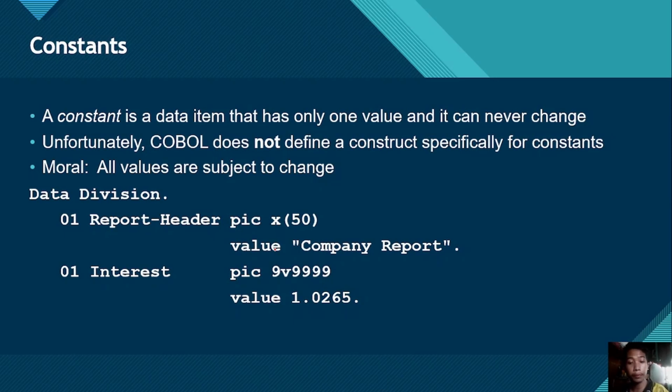Meaning from these examples, you already define or initialize the values of each variable. So that is the constant. But you can still change it when you initialize it in the procedure division.